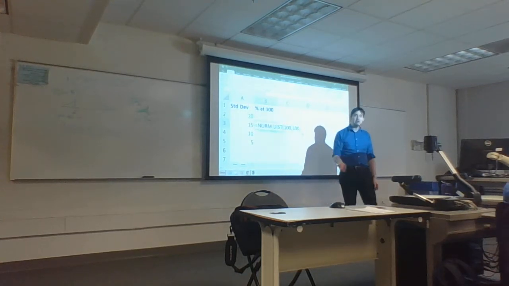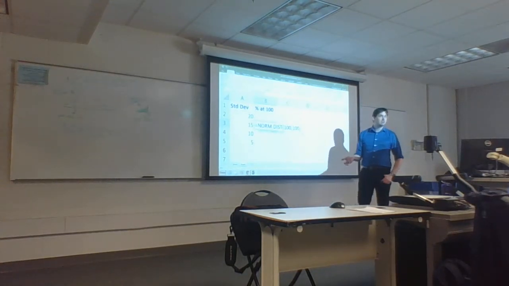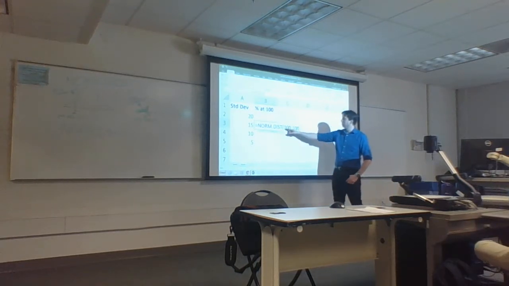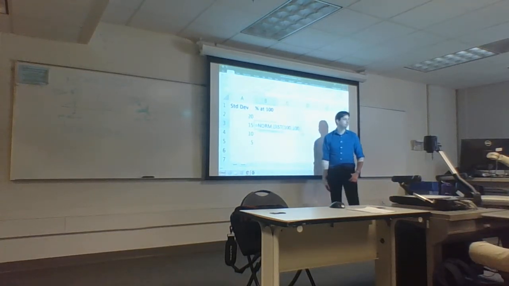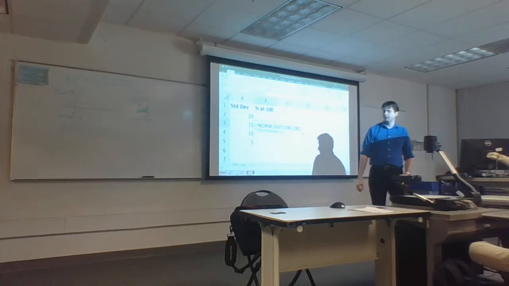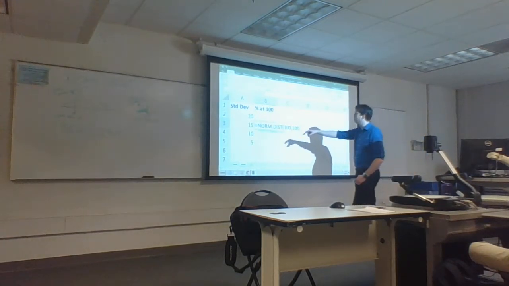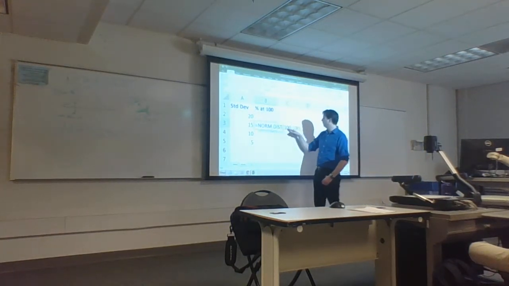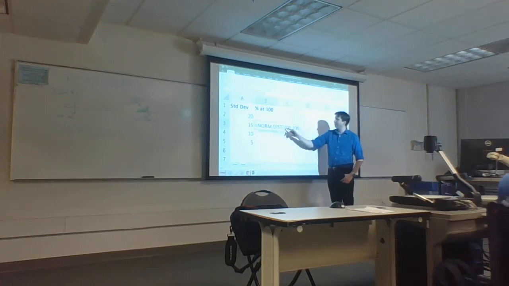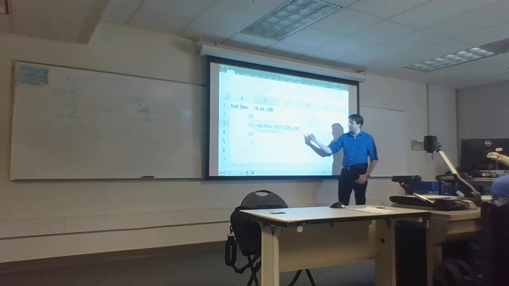If I wanted to know what percent of the population has a 90 IQ, then I would change this first 100 to 90. The comma is how you separate the arguments. I put in my x right here, so that's 100, comma, 100 for the mean, comma to separate it out.